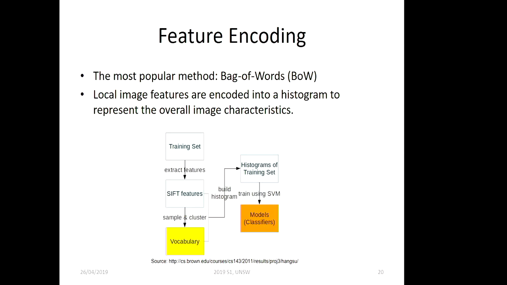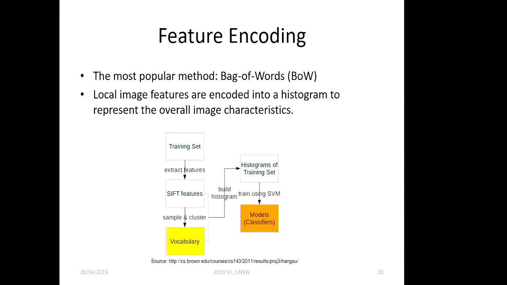For images, it's the same. Based on the local features, we can generate a set of vocabulary from these features. Then from the vocabulary and the local features, we can generate a histogram representation of the local features. That histogram representation is the bag-of-words feature of the whole image.